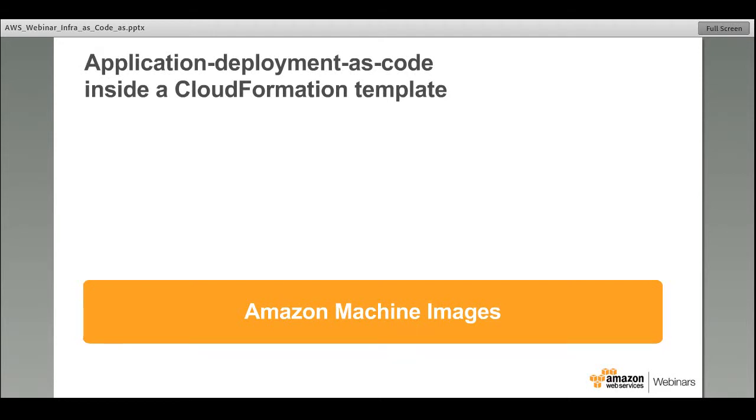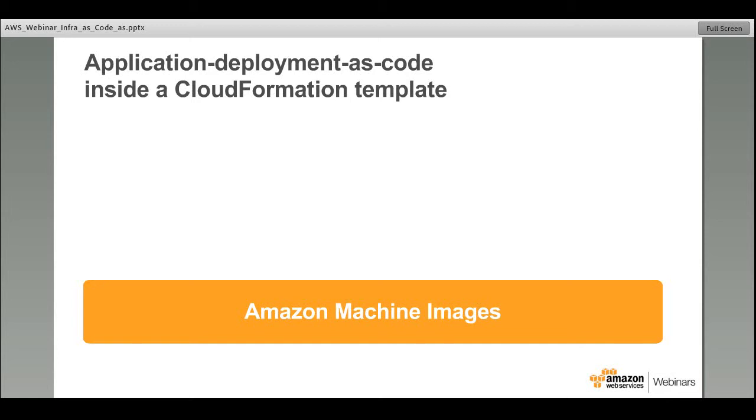An AMI can come with all your application code pre-installed, and you pass that AMI ID into a CloudFormation template, and then CloudFormation can create a stack with instances using the AMI ID that you pass in. So this is the most basic way.